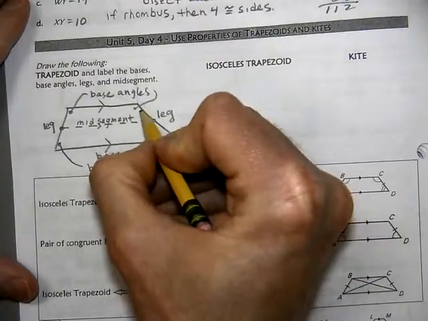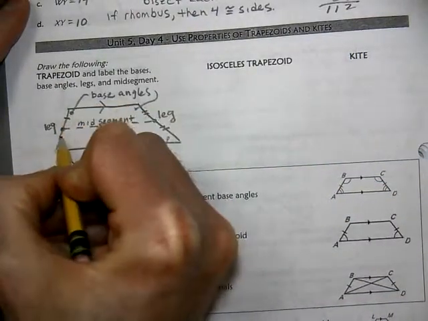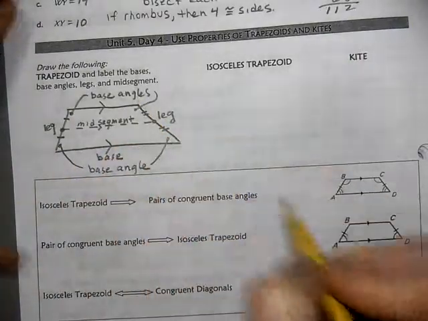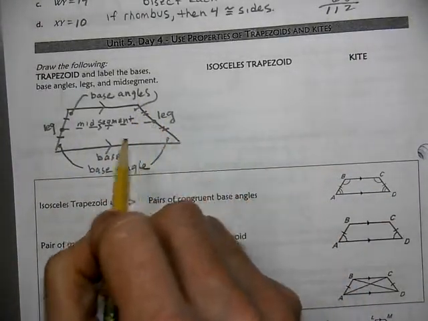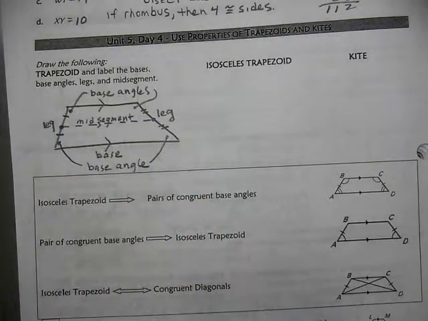When you have a midpoint, you're going to have two congruent sides on either side of that midpoint. Since the legs themselves might be different, the segments on either side of your midpoint might be different, but they're going to be the same on each side.